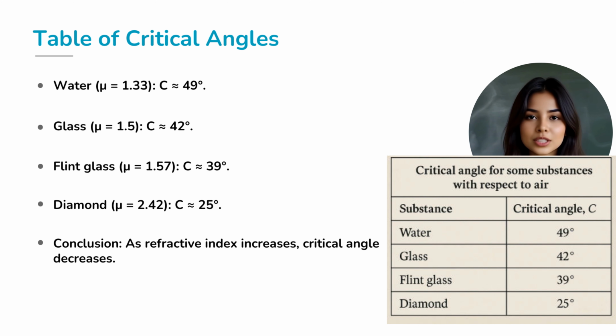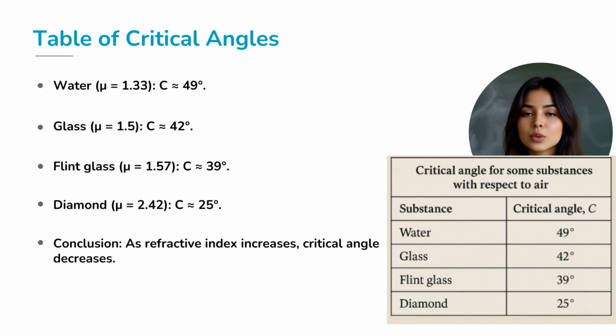Flint glass, which is slightly denser, has refractive index 1.57. Its critical angle is around 39 degrees. And finally, diamond, refractive index equals 2.42. Here the critical angle is very small, only about 25 degrees.